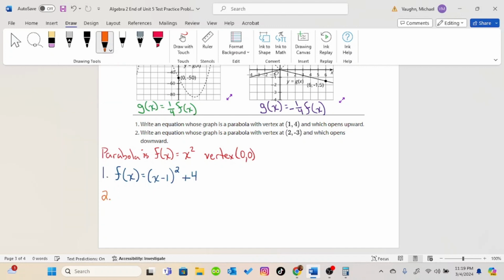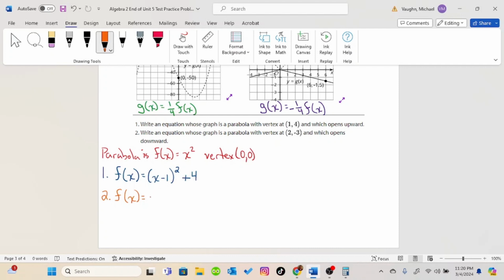For number 2, now we have a parabola with vertex at 2, -3, and opens downward. So now we have f of x equals. To make it go from opening upward to opening downward, we need to reflect across the x-axis. We need to get the opposite of our original y values.